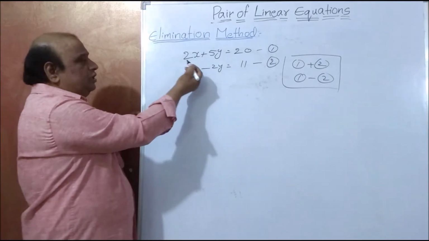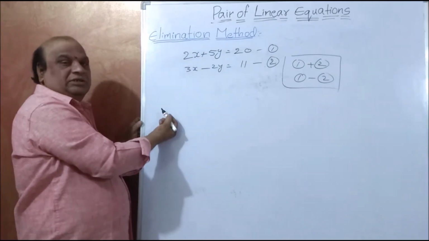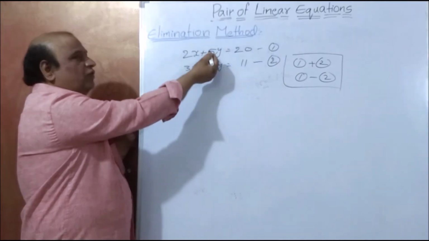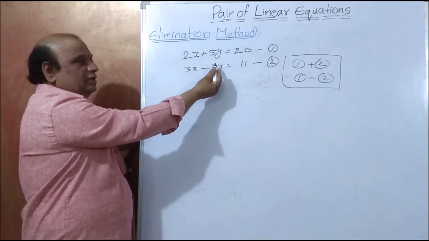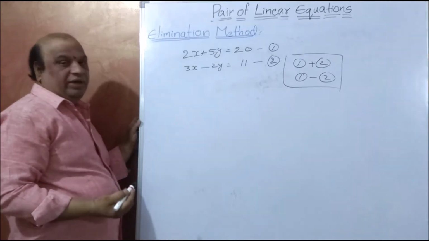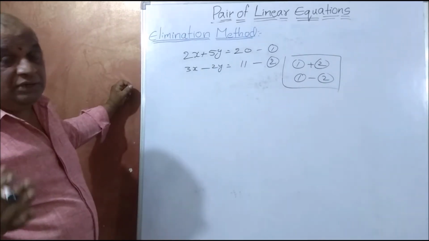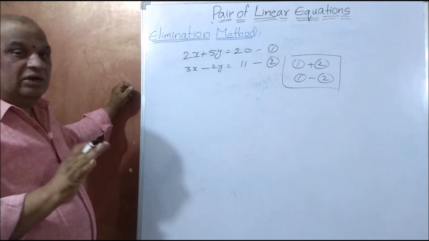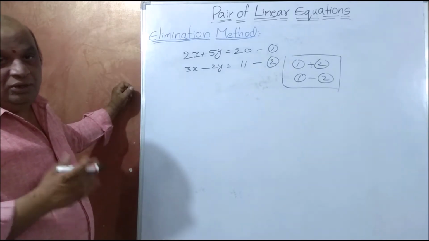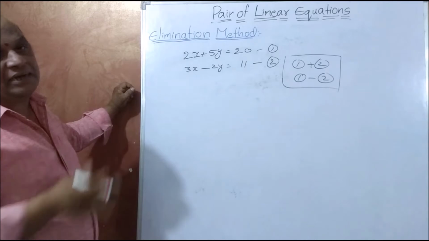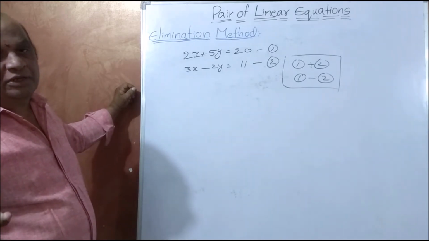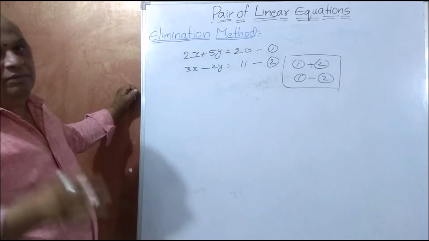Here, suppose if you add these two equations, 2 plus 3, 5x, 5 minus 2y, here this is plus 3y. What do you observe? Here x is not cancelled and y is not cancelled. You try once by subtracting. It is not possible. We can't cancel any variable.